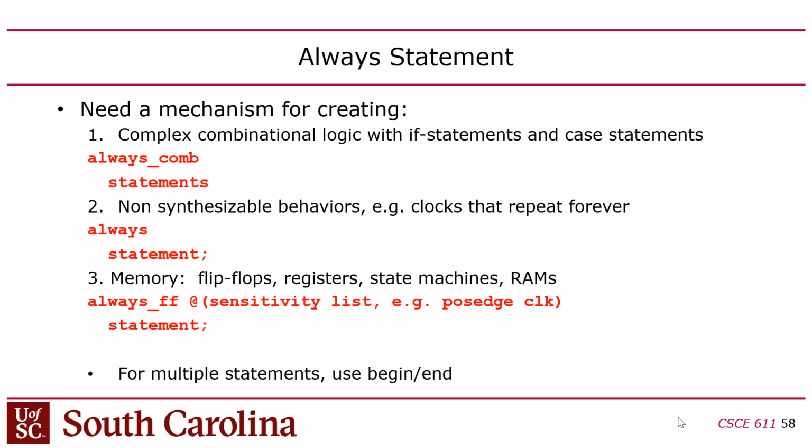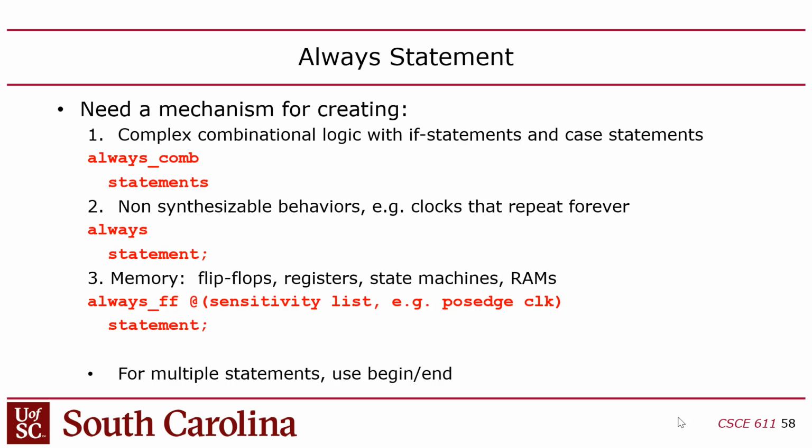But how do we make sequential logic? We have to use the always statement. An always statement is a statement, but you can create multiple lines of code in there by using begin and end. Those are kind of equivalent to curly braces in C or Java, or indents in Python.